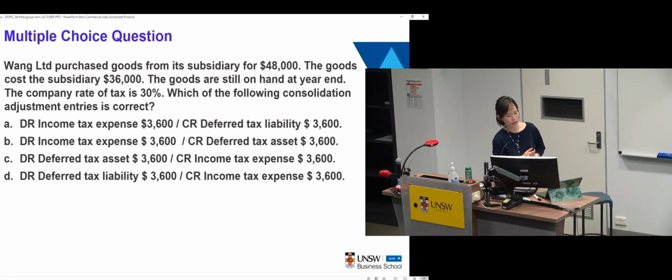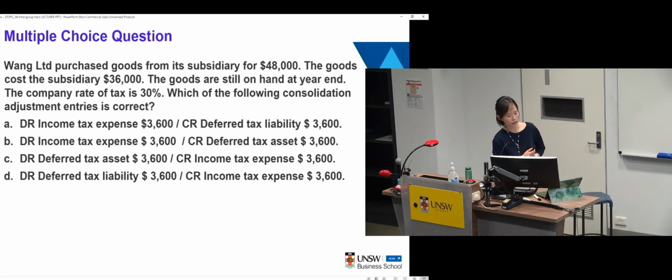But which option here shows the correct tax effect entry in the worksheet? What do you think, Clipchamp? So income tax expense should increase or decrease when your profit is eliminated, which means group profit reduces.